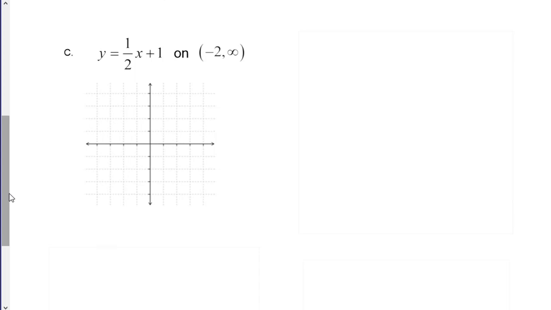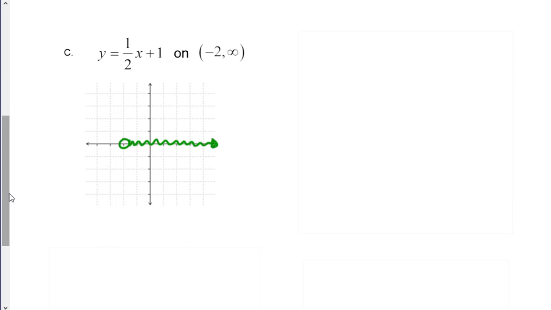Another example, y equals 1/2 x plus 1 on the domain from -2 to positive infinity. So even though I'm working with a bit more complex function here, I have an oblique line rather than a horizontal line, the concept is the same. My domain is restricted from -2 up to positive infinity.